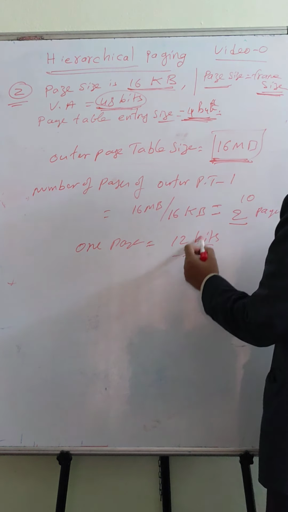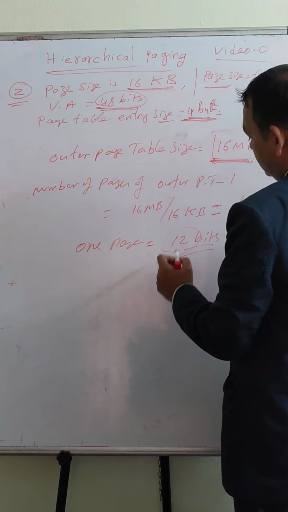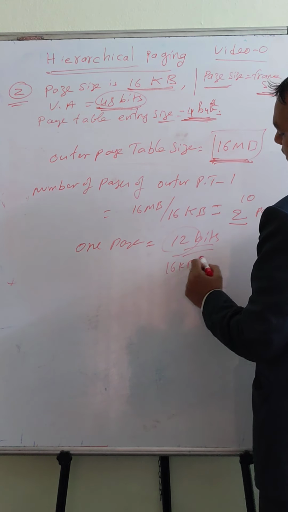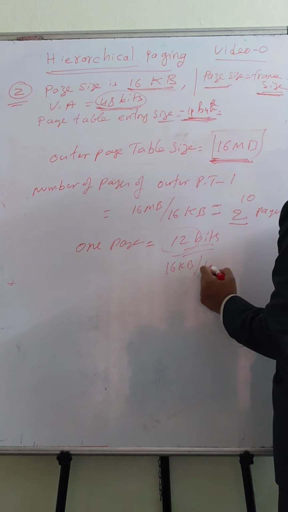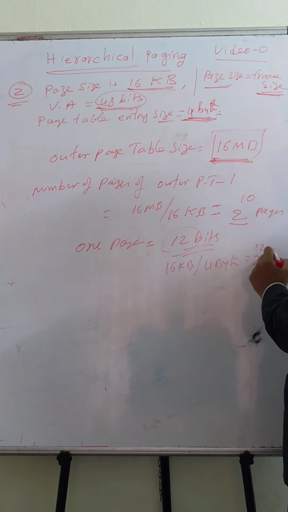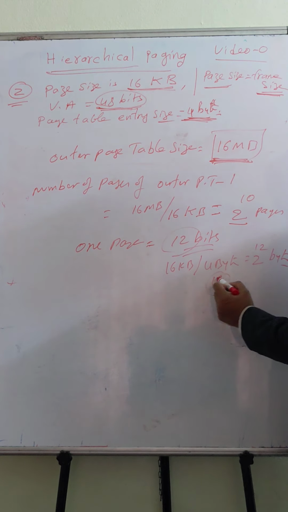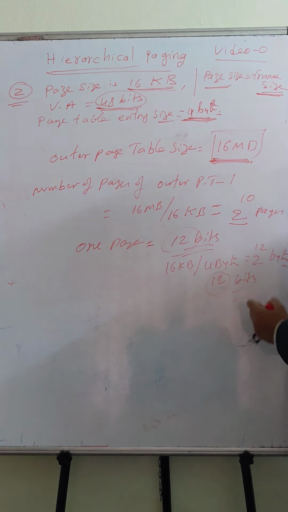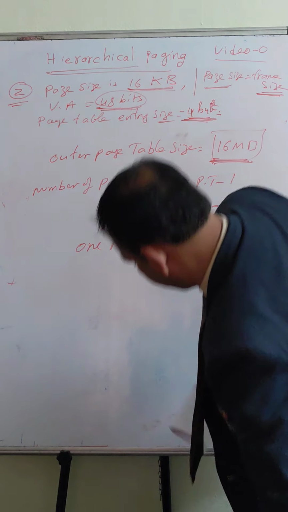How did we get these 12 bits? 16 KB divided by 4 bytes is 2^12, so we need 12 bits. That is the calculation.